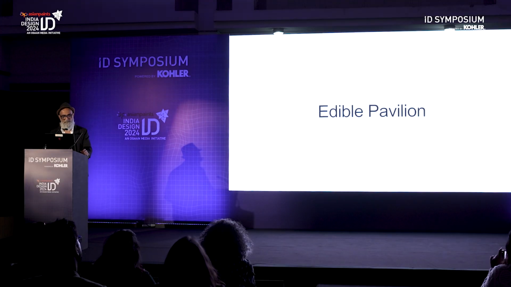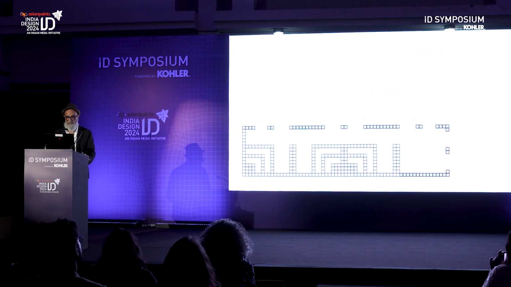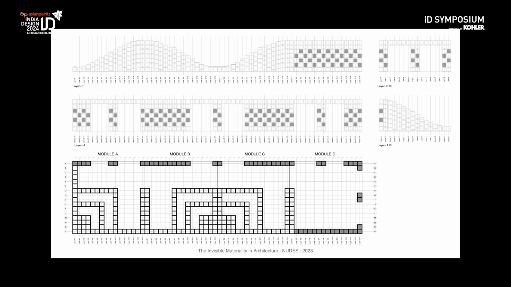Taking on that aspect, we also worked on another pavilion called the Edible Pavilion, which is again at the museum lawns. Basically the multi-purpose pavilion includes spaces for interaction, an amphitheater, spaces for performance, exhibitions, presentations, workshops, and storytelling, right?